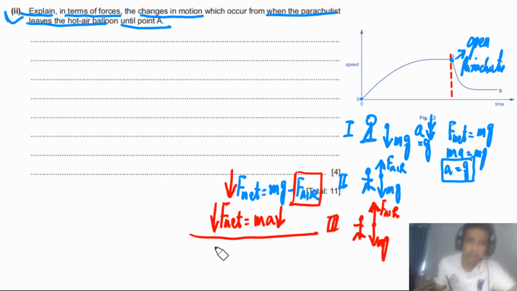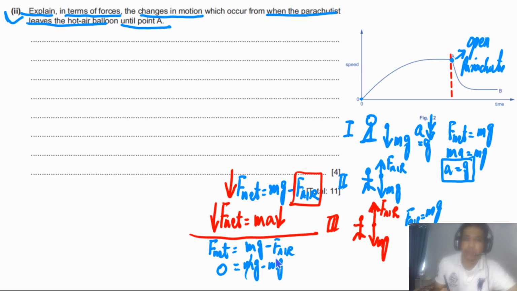For the third case, F net is equal to mg minus F air, but F air in this case is equal to mg. So F air is equal to mg, which means F net is equal to 0 because this one cancels.